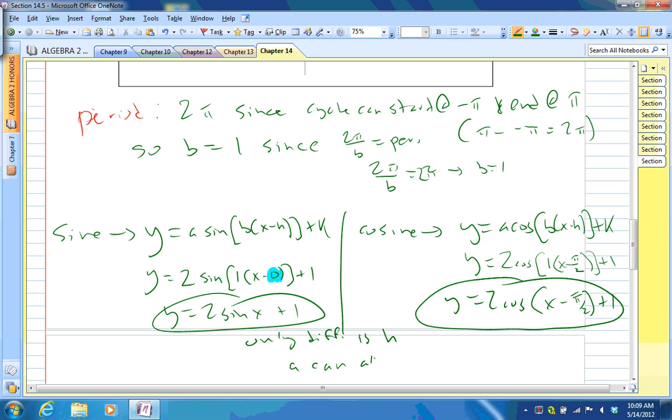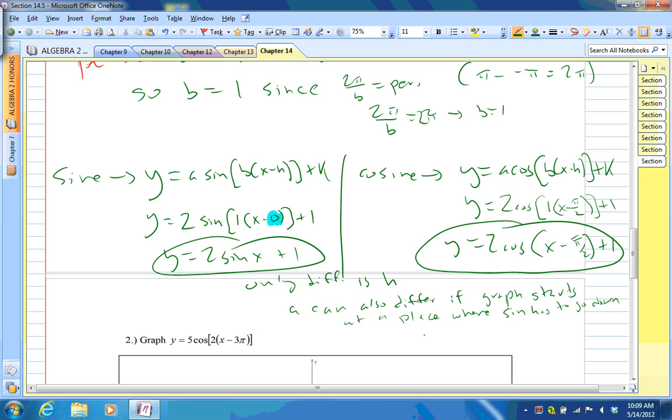A can also differ if the graph starts at a place where sine has to go down, or cosine is at its trough.